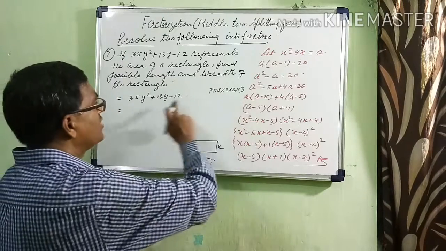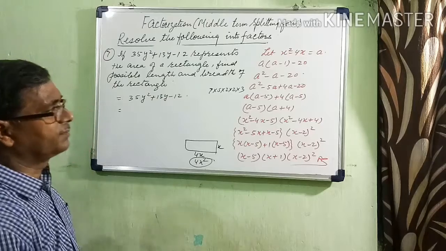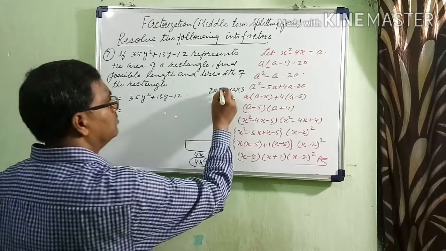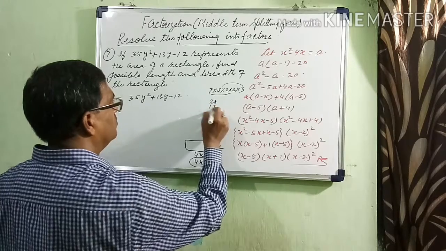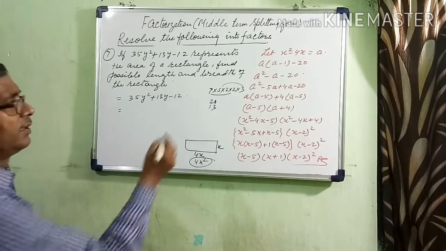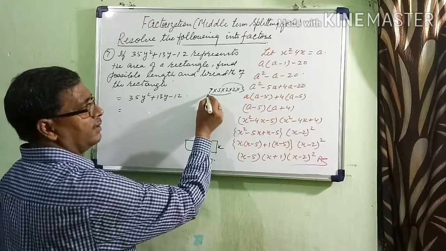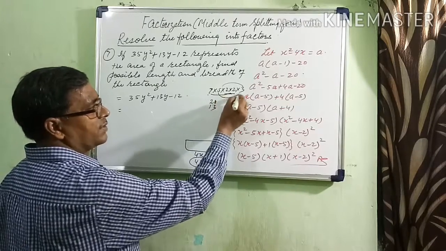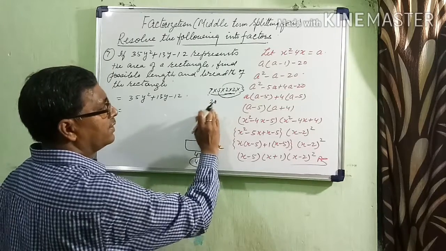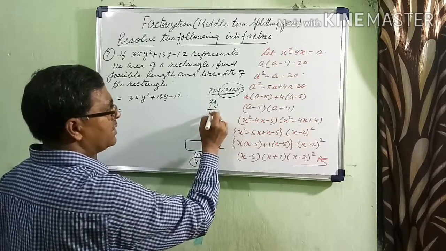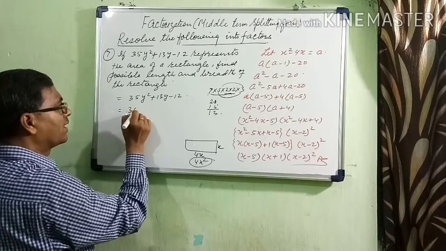How can you adjust this so that it will be 13? Please see. Did you see? 7 4s are 28, 5 3s are 15. So how much is it? 13. So what is your adjustment?